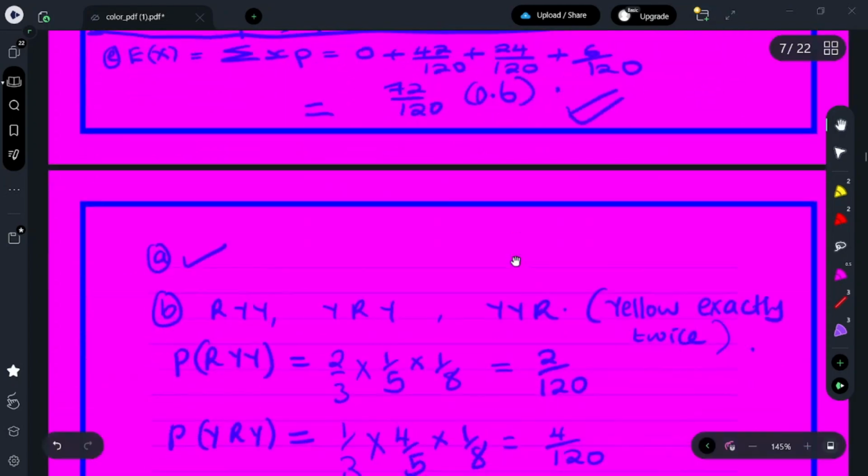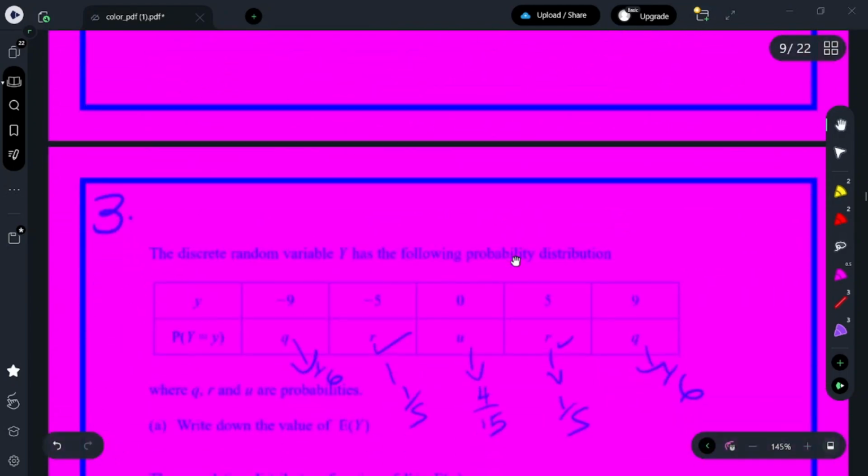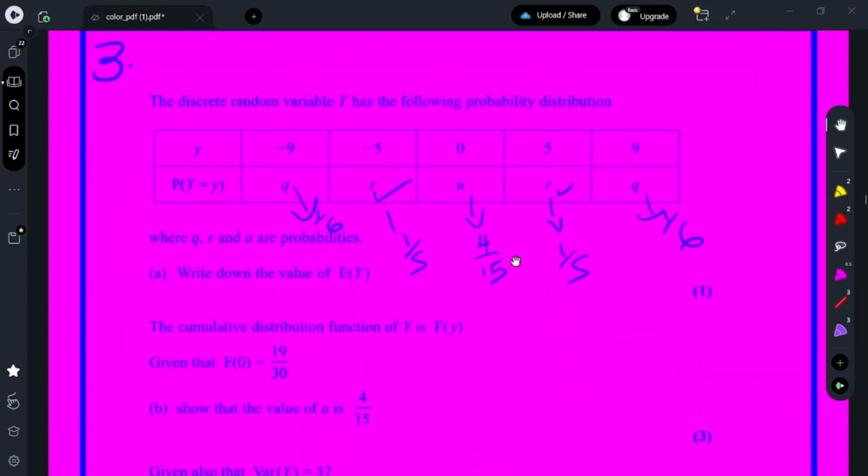And this is kind of a question that really doesn't need much. So we move to question 3. This brings the idea of discrete random variables. So what does the question require us to do? The discrete random variable y has the following probability distribution.